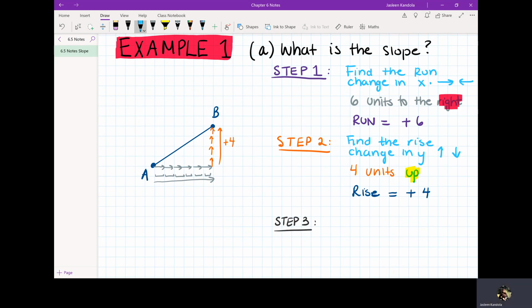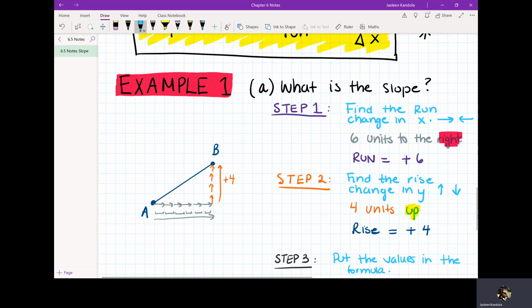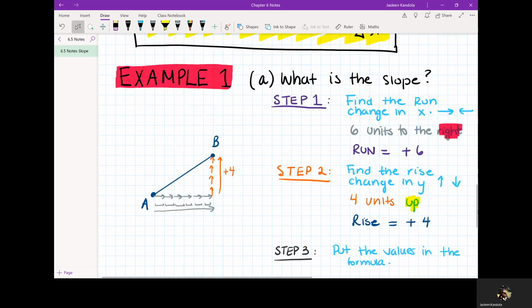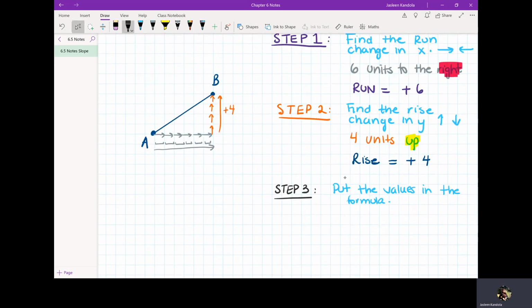Put your numbers in the formula. Put the values in the formula, and when I say the formula, I mean the one we highlighted, rise over run. So we plug it in. Our final answer, slope, is m. You don't have to write slope every time, you can just say m equals rise over run.